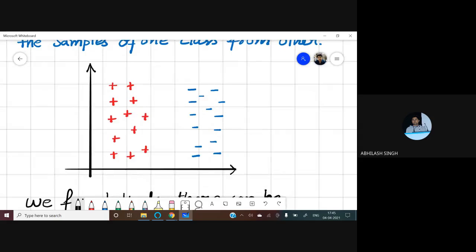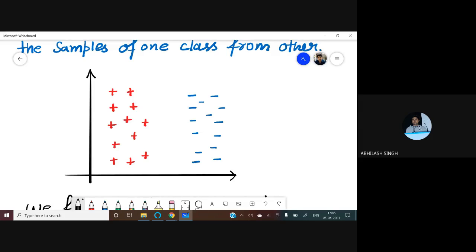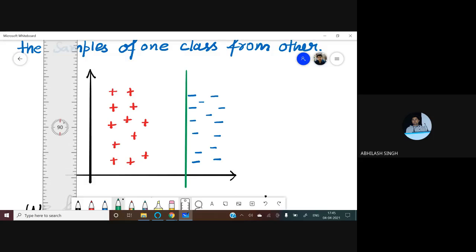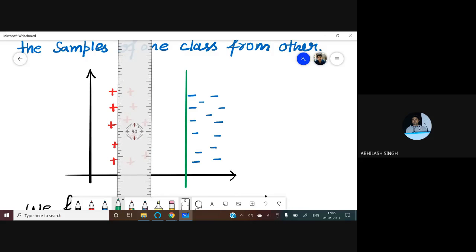If I ask you to draw a line that can separate these two classes, one can tell me, okay sir, you can draw a line here. One will say, okay sir, this line is perfectly separating these two classes. Another will say, no sir, I guess this line is perfectly separating the classes.